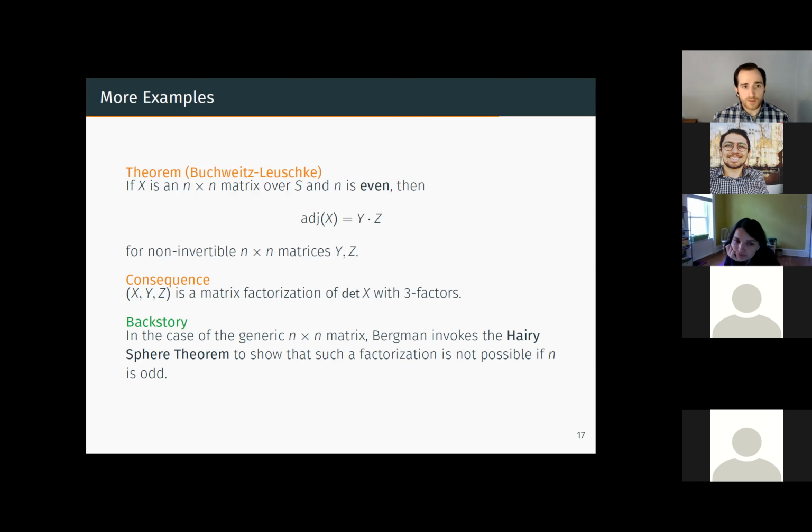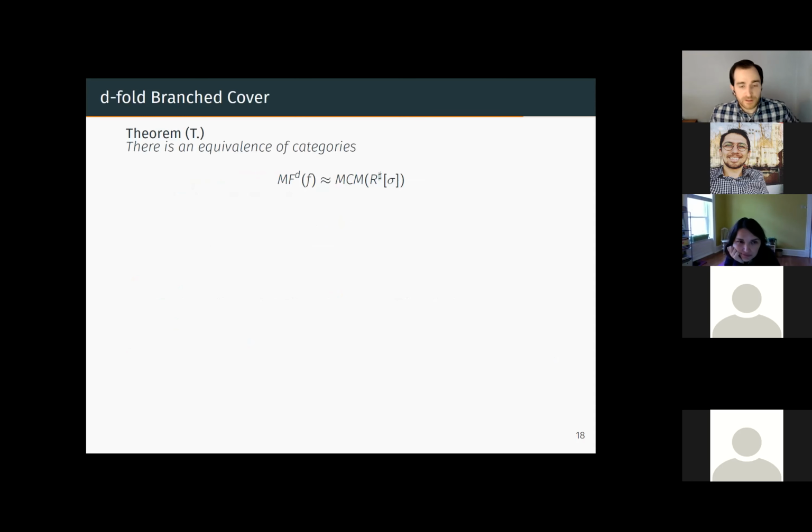Okay, so with the remaining time, I want to talk about some of the things I've done and just hint towards where canonical periodicity could go for matrix factorizations with d factors. And so the first result I want to talk about looks really similar to the one that I wrote before, which is that there's an equivalence of categories between matrix factorizations, now with d factors, and a category of modules over R-sharp sigma.